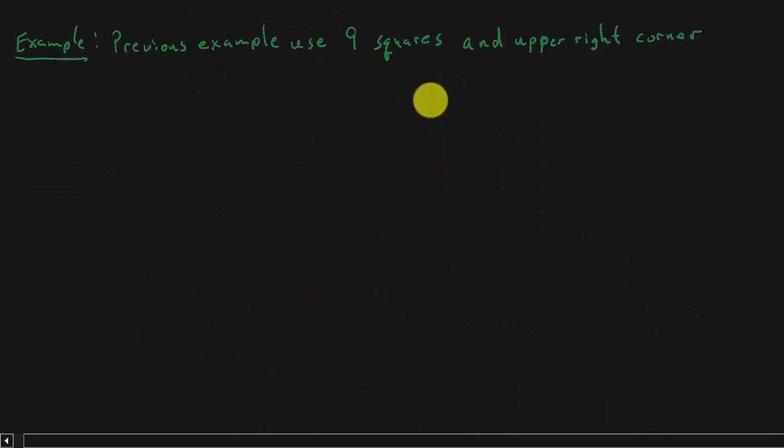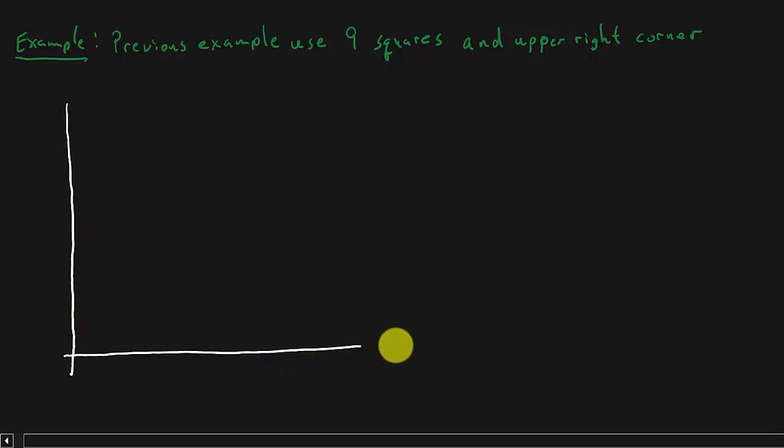So, the previous example. Same function as the other two, but here they want us to use 9 squares and upper right corners. So let's see what that gives us. I'm going to have to draw this one a little bit bigger.